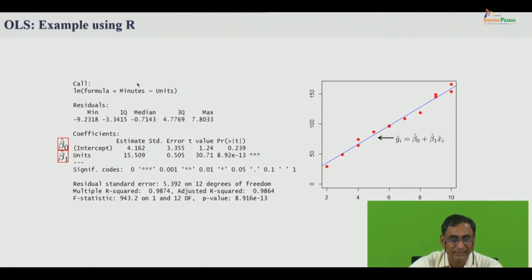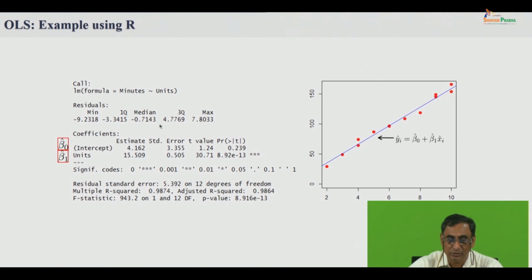In this case we have indicated minutes as the dependent variable and units as the independent variable, and these are variables that form part of the data set. They are defined as these variables, and therefore you are using them. So loading of the data set you would have already seen. lm is the one that you use to build the model. You indicate what the dependent and independent variables are, and then you will get an output that is given here.